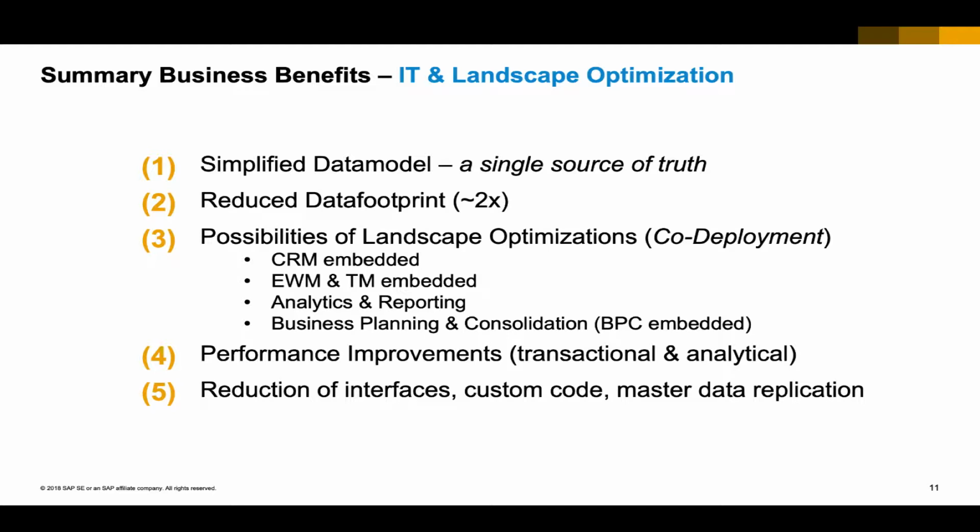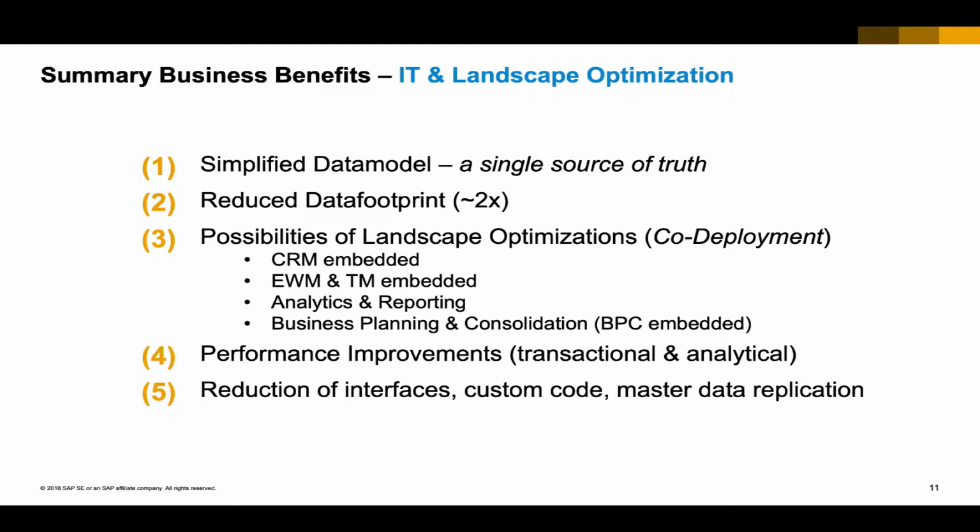By this, because we store the data in fewer tables, but also we store the data in the HANA in-memory database, and HANA has a compression factor by default of 10. You have a reduced data footprint. So if you have a 7 terabyte Oracle-based system, you might end up with 2.5 or 3 terabytes in HANA, which is then fewer servers, less data replication needed.